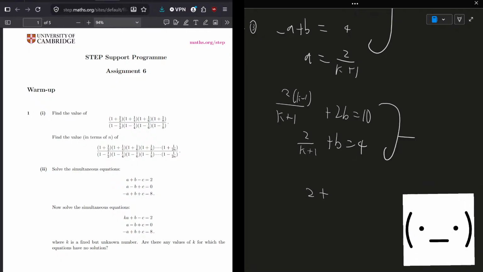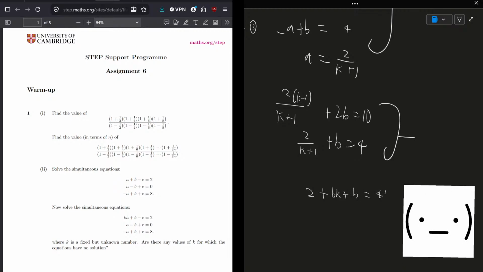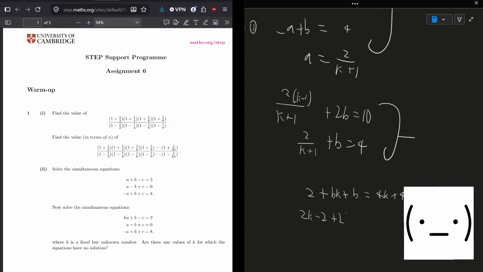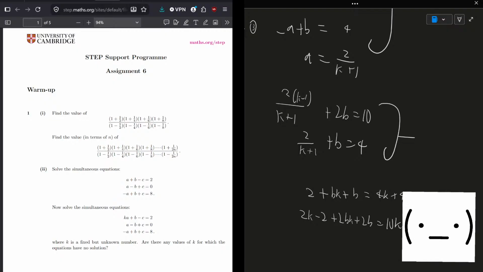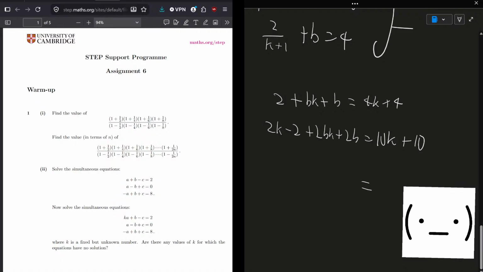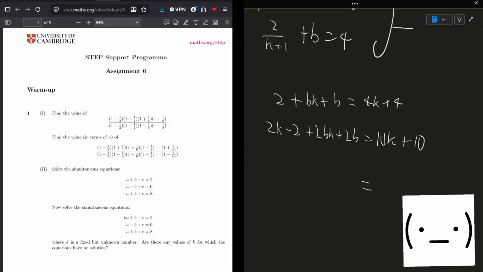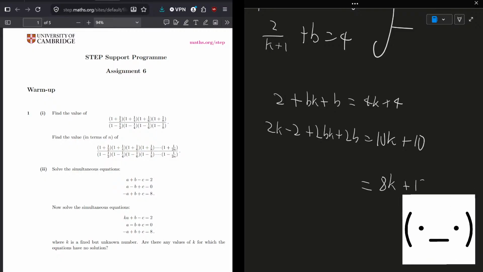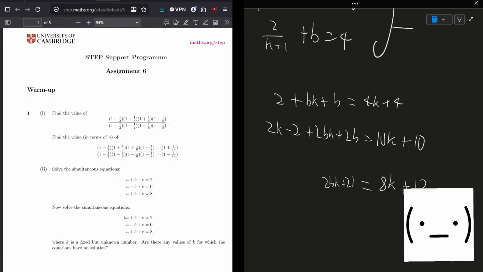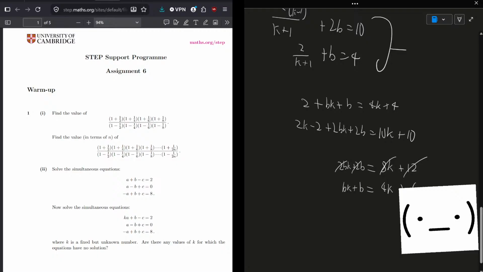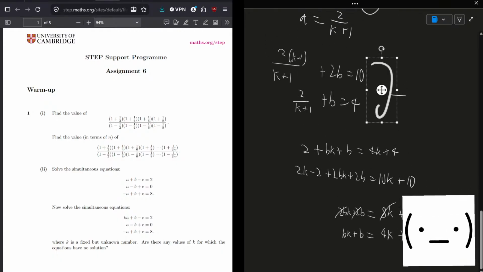This is a pain. Is the same? Oh wait, no, this goes over here. Did I get one of these removed?